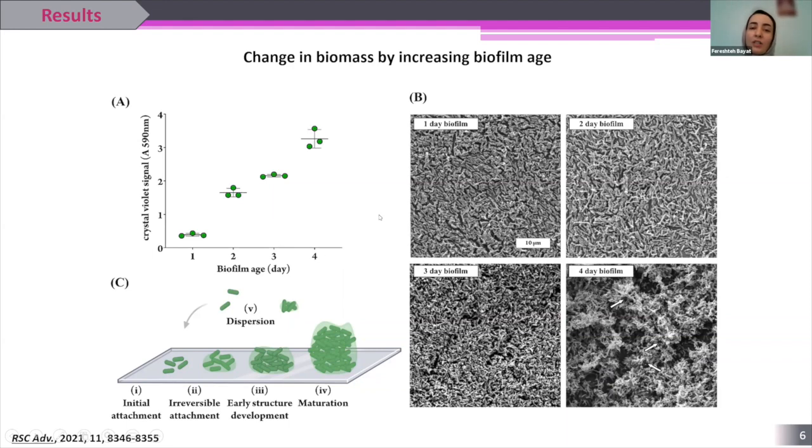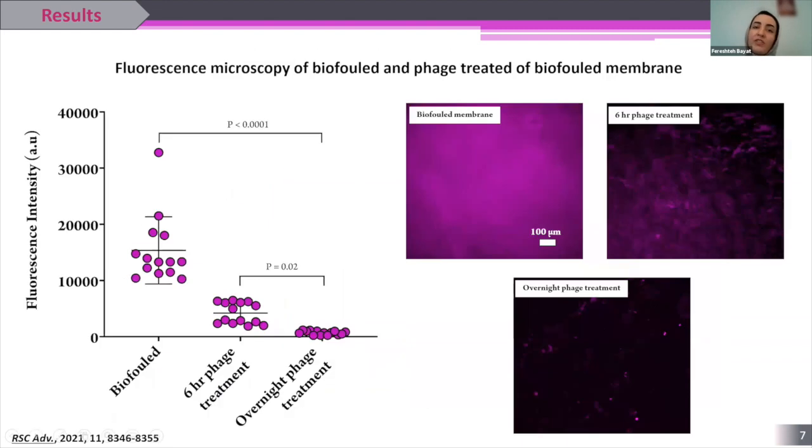After 4-day biofilm growth, we treated the membranes with phage. We put the membranes, with fully grown biofilms on the surface, inside phage solution. Then after 6-hour phage treatment and overnight phage treatment, we quantified the biomass with a fluorescent dye stain.